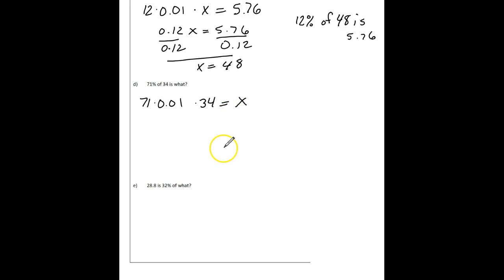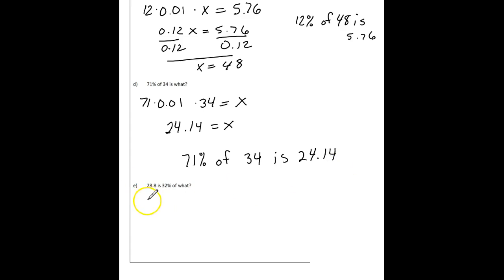So then I'm going to simplify, multiplying all this out, and I get 24.14. That should be a 4. Let me fix that. Sometimes my pen doesn't work as well as I need it to. Equals my x. So now I write it out. 71% of 34 is 24.14.